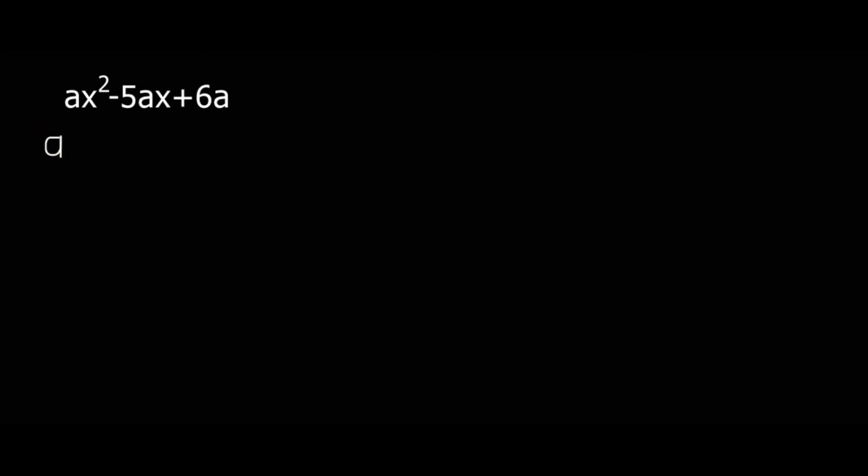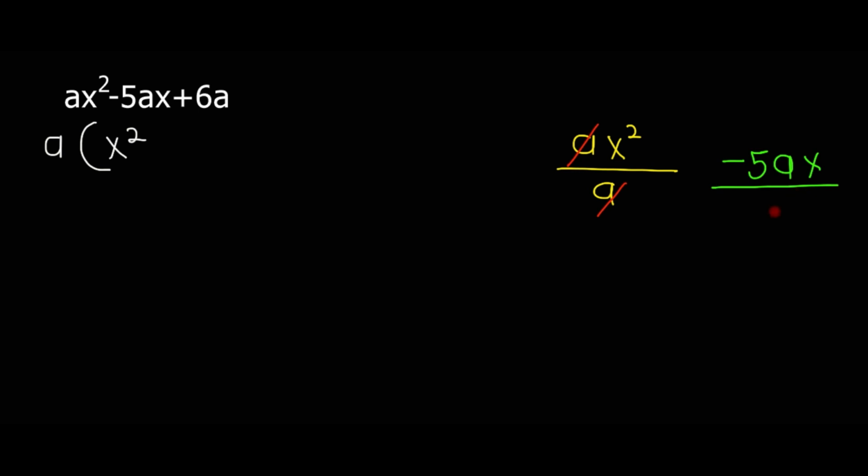And then when we take out a as a common factor, we divide each term by our common factor. This means we'll have ax squared, and then we divide by a, and therefore a and a will cancel, so we remain with x squared. And then on the other term we have minus 5ax, and then we also divide by the common factor which is a.